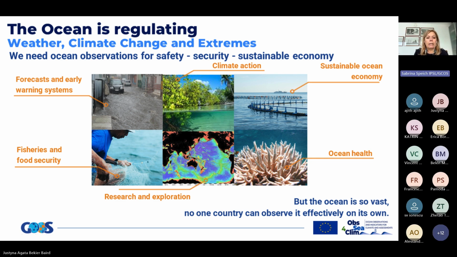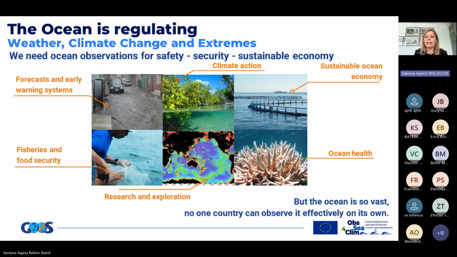So it is really a system that is joined not only to the weather forecast or climate, but also to early warning systems of different types, sustainable ocean economy, ocean health, fishery and food security, but also research and exploration.